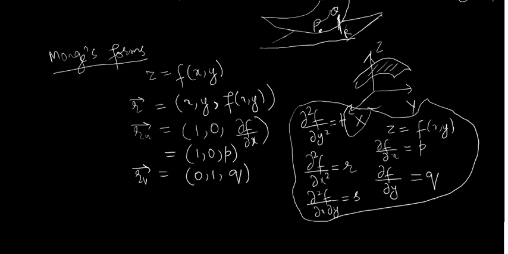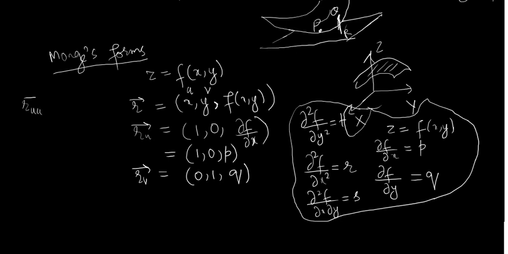You have to think that our parameters are, in place of u you have x, in place of v you have y. So when you partially differentiate with respect to u, it is the same thing as differentiating with respect to x. Similarly, you can evaluate r sub uu.